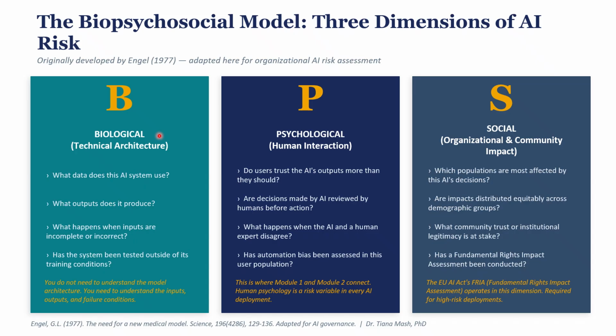So here's an example of a B dimension. A municipality uses an AI system to prioritize maintenance requests across the city of Toronto. The B dimension assessment asks what data this system uses. Where is this data coming from? Who collected the data? Do we have conformity? Do we have consent to use the data?